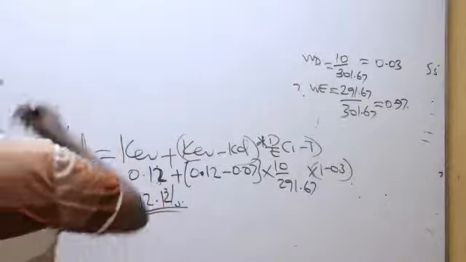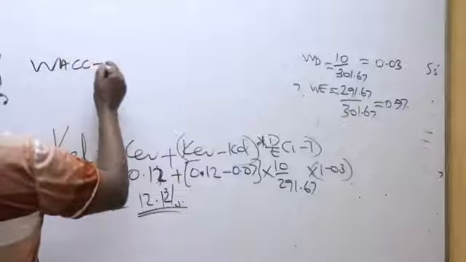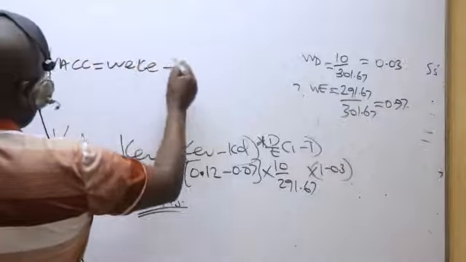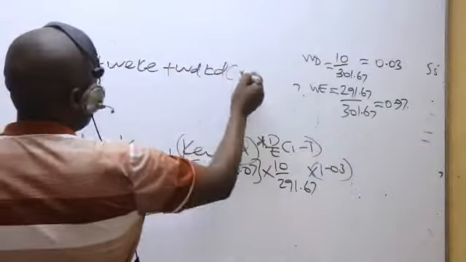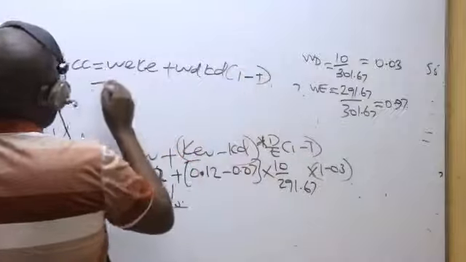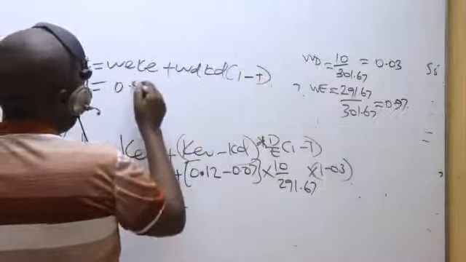So WACC will be the weight of equity times the cost of equity, plus the weight of debt times the cost of debt times (1 minus tax). The weight of equity you have given me is 0.97.